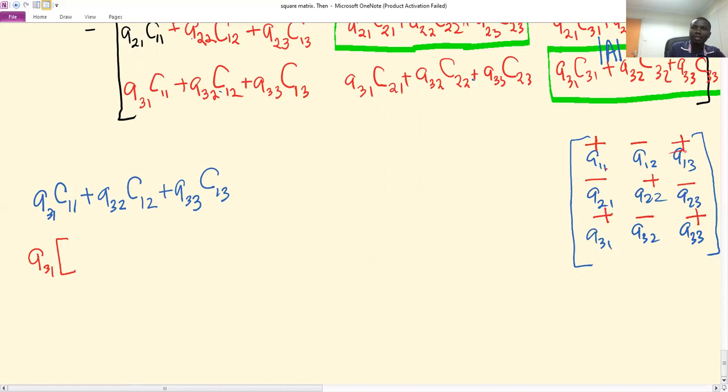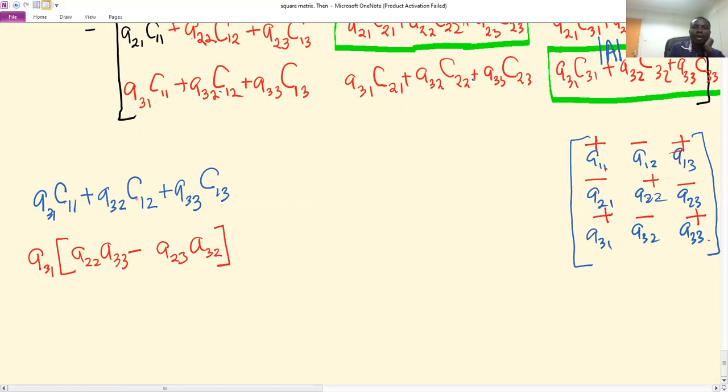You delete this row and this column, remain with this submatrix, and then you define its determinant. So we have A22 times A33 minus A23 times A32. So that is the cofactor C11.